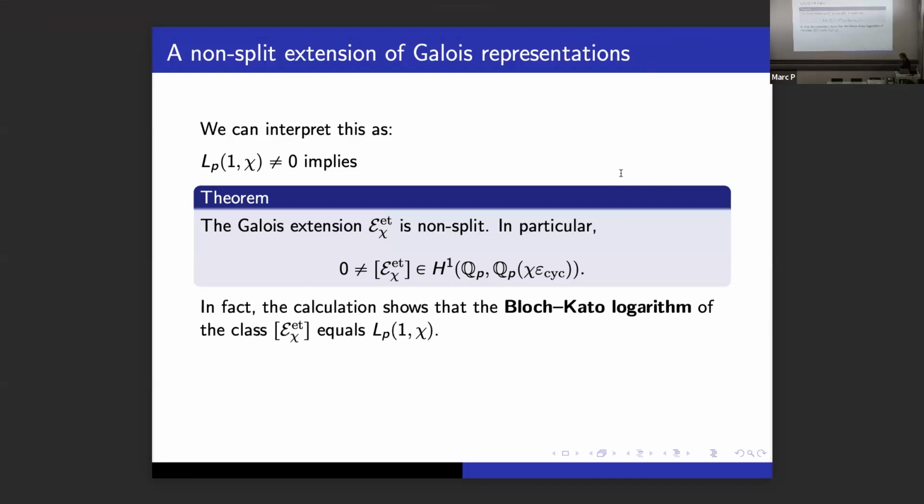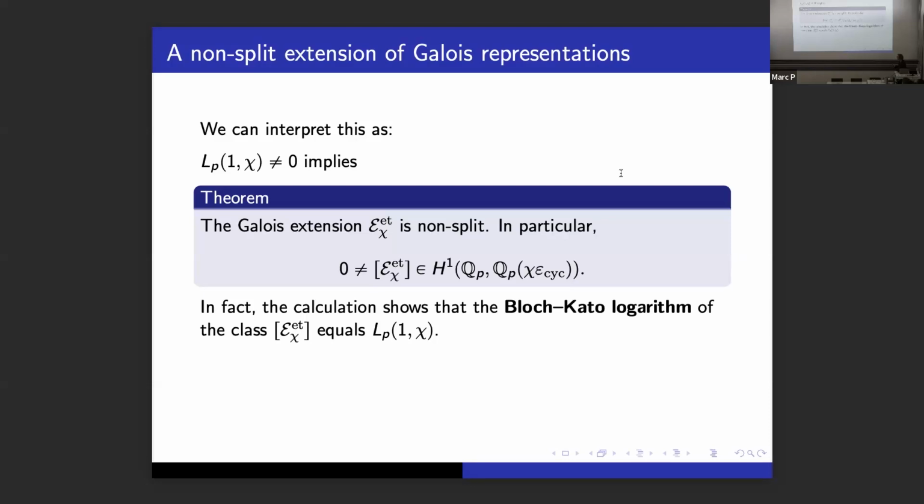If you want to be fancy, or if you've seen words before and you want to know what they actually mean, what we've done in that previous slide was calculate the Bloch-Kato logarithm of this class, this Galois cohomology class, and shown that it equals LP of 1, chi.